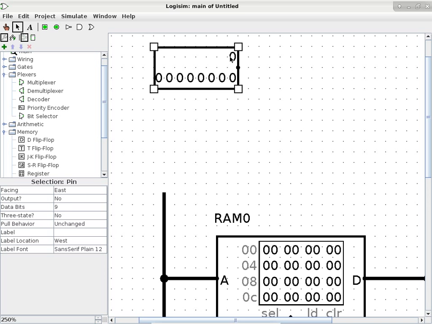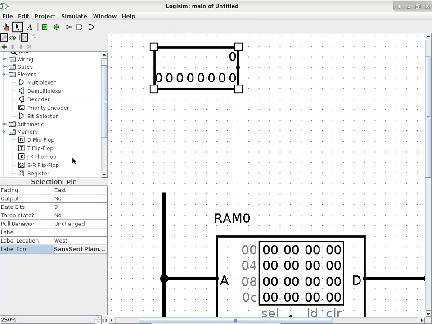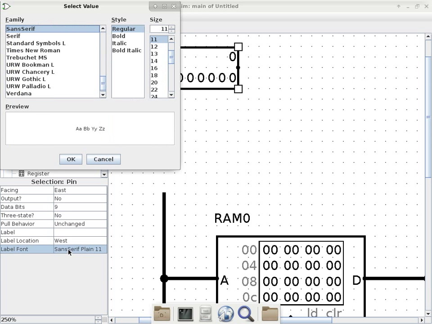Why is the 9th bit up here? I suppose we can change the font size to try to make it all fit. Nope. That's just the label.